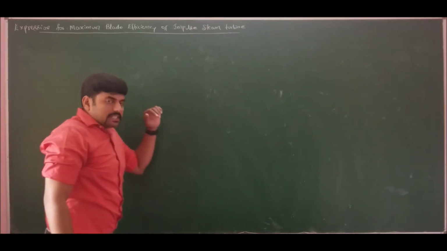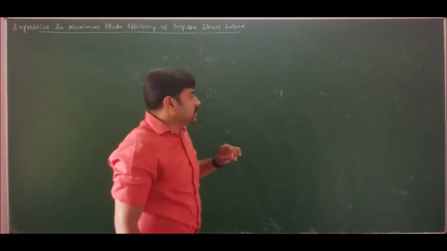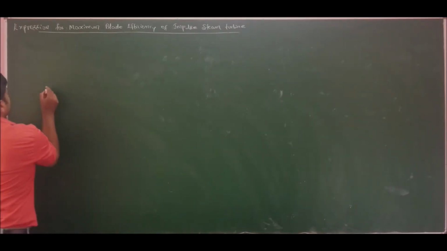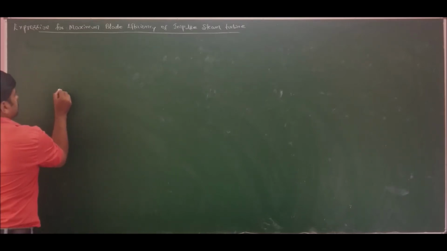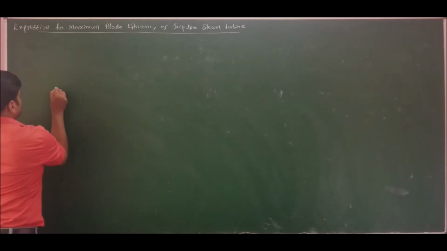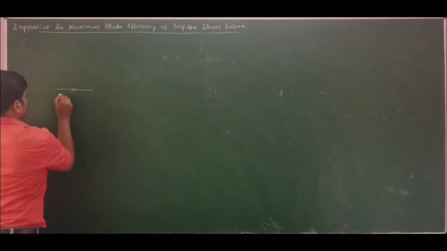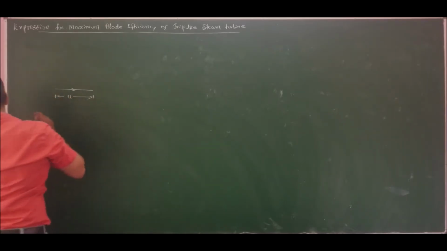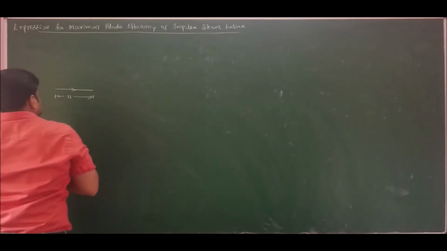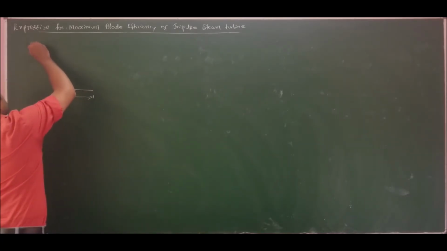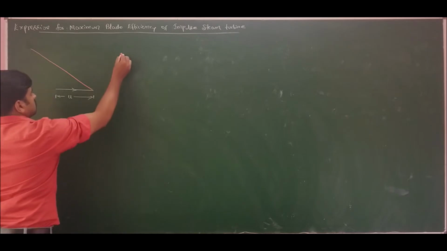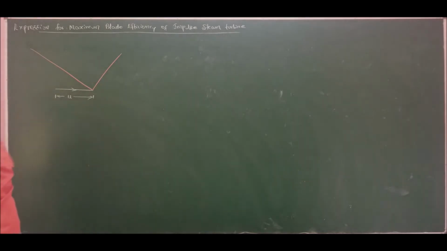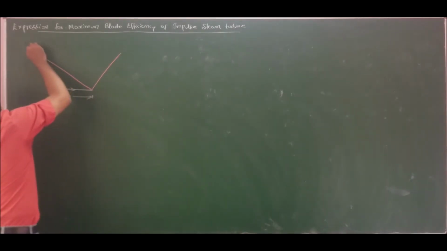Before deriving the maximum blade efficiency of an impulse steam turbine, let us first recall the combined velocity triangle, without which we cannot derive it. In the combined velocity triangle, we have the common base U, absolute velocities V1 and V2, and relative velocities Vr1 and Vr2.